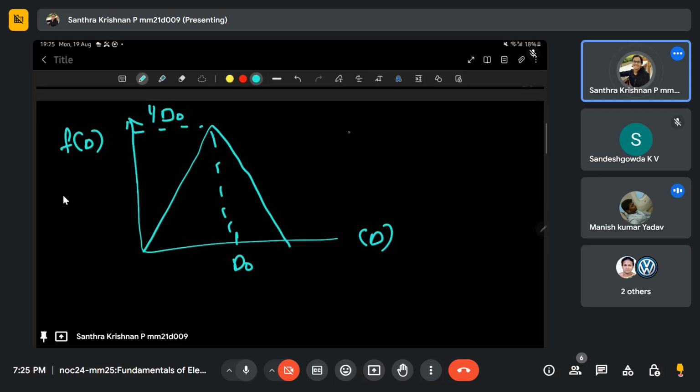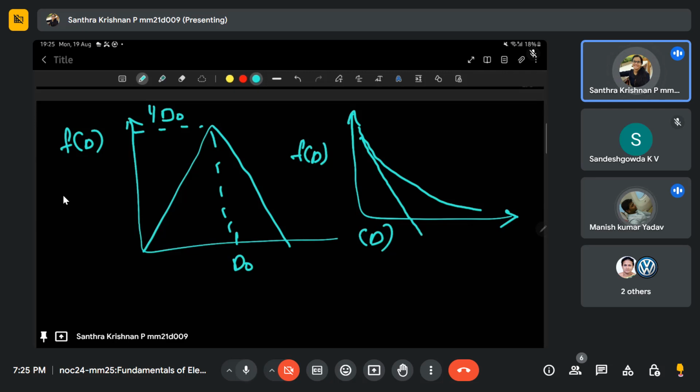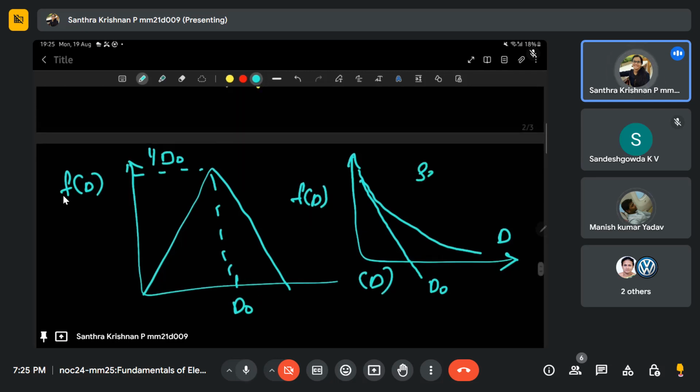And finally we have one more model, that is the seeds model. This is f of d. It will have an exponential, and the tangent to this will meet the x-axis at d0. This is the seeds model, and this is the triangular model.